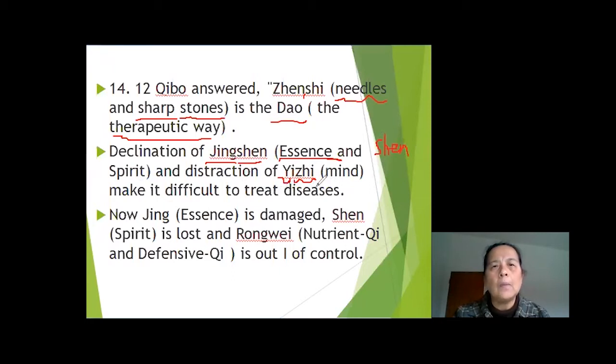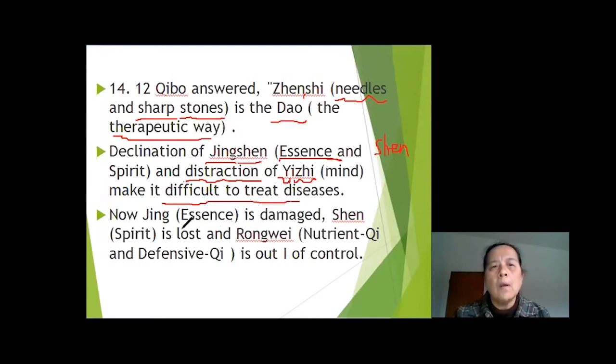Yi is held by the spleen, zhi is held by the kidney. So that means generally organ function. They just put the yi zhi here, but generally it refers to all the organ functions being declined. So that means a patient without shen, their organs will lose function. So in this way, it's difficult to treat.